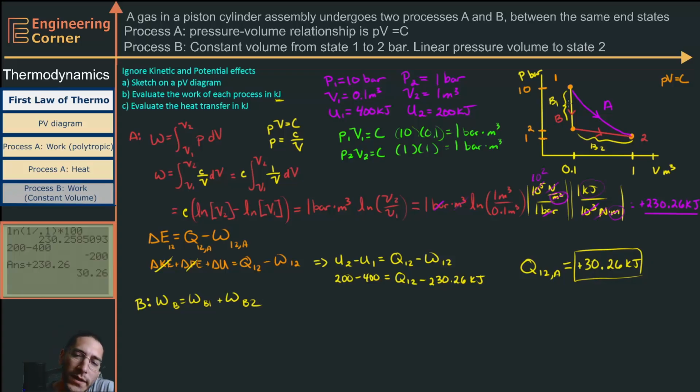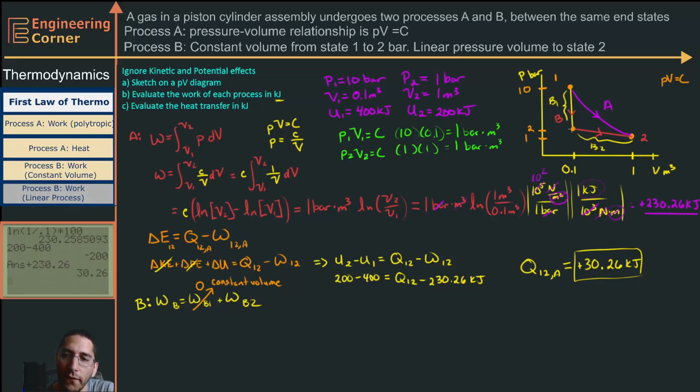But what's happening in this work of B1, it's a constant volume. A constant volume means no work is being done because the volume's not changing. So we know that this right here is going to go to 0 because it's constant volume.